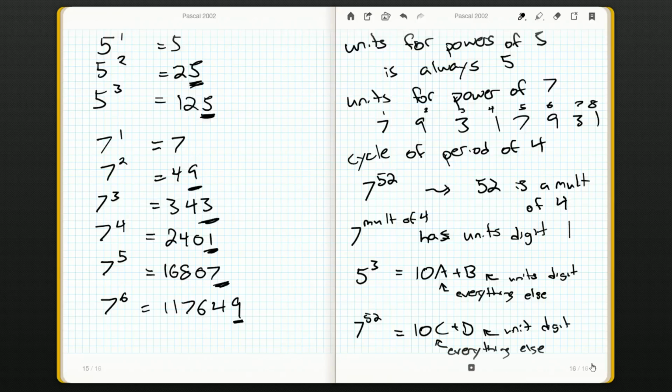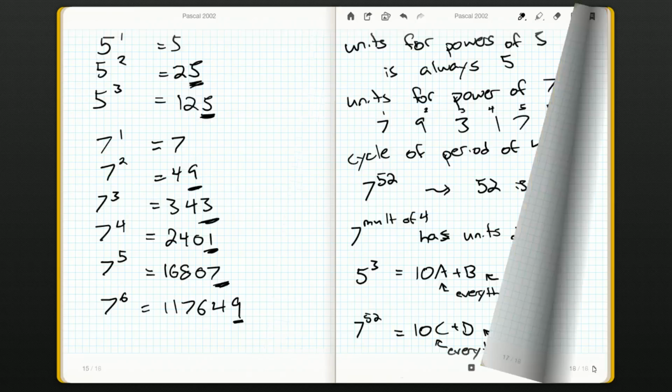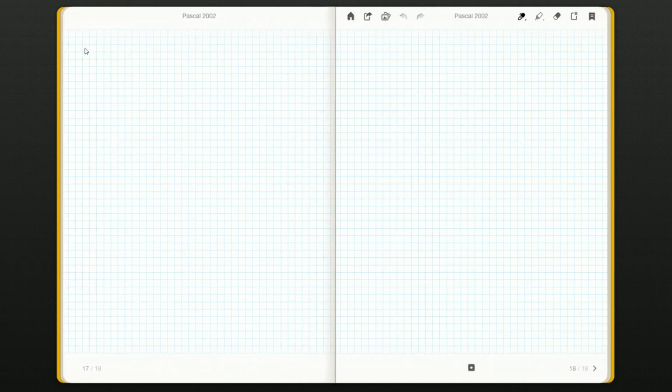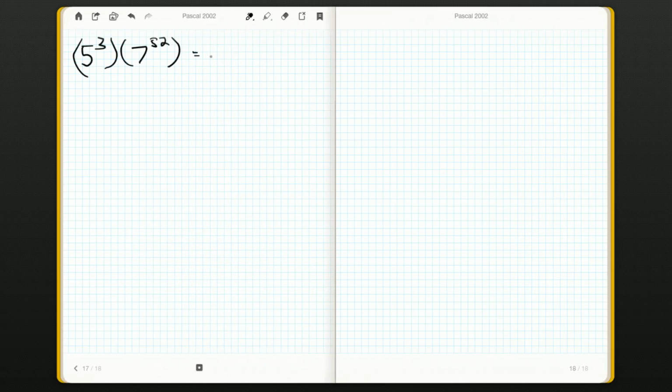Well, if I write them down in this form, and I want the units digit of the product, 5 to the power of 3 times 7 to the power of 52, well, that's 10a plus b times 10c plus d.